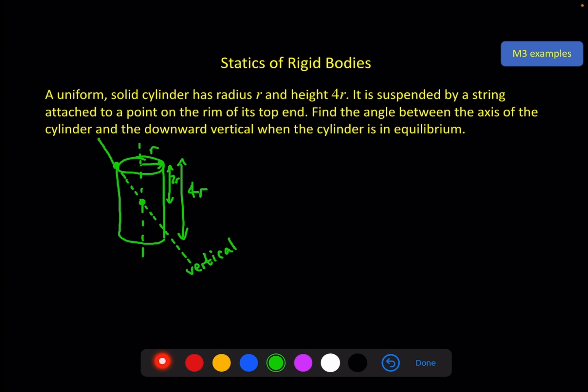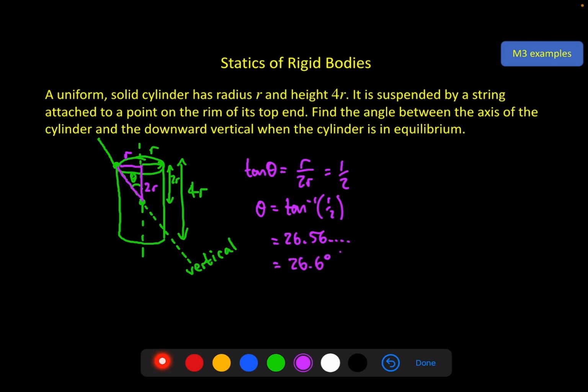The angle between the axis and the downward vertical then is this angle here, which is actually quite easy to find because we've already said we know that this distance here is 2r and this is the radius here, and that forms a nice little right angled triangle where the tan of theta is equal to r over 2r, or a half. So theta is equal to the inverse tan of a half, which is 26.56 to one decimal place, 26.6 degrees.